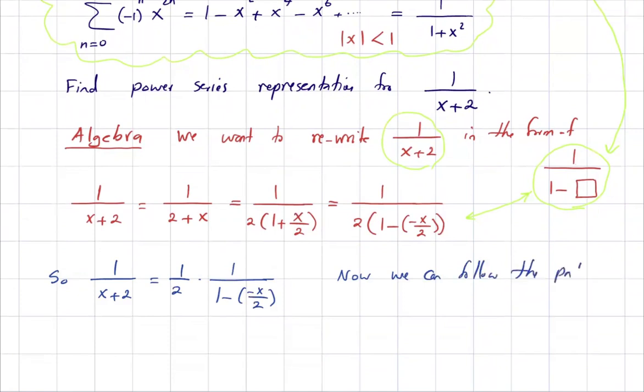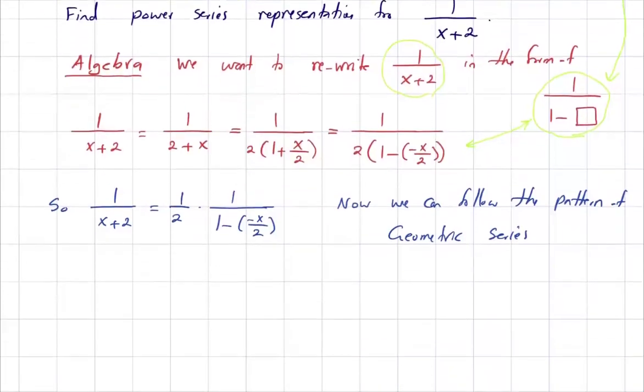Follow the pattern of geometric series, which says, as long as you have the summation of x to the n, or the quantity to the nth power, if it's easier for you to see it that way, starting from 0 to infinity, as long as the absolute value of that quantity is less than 1, it is convergent to 1 divided by 1 minus that quantity.